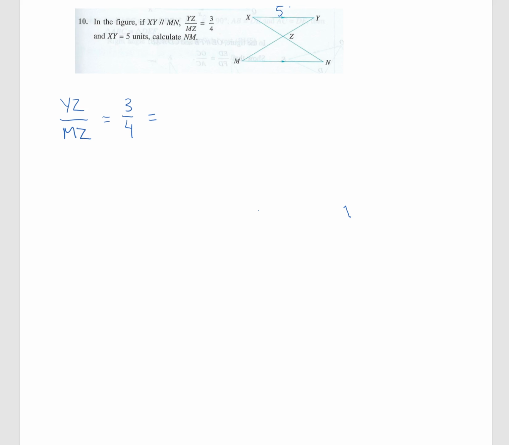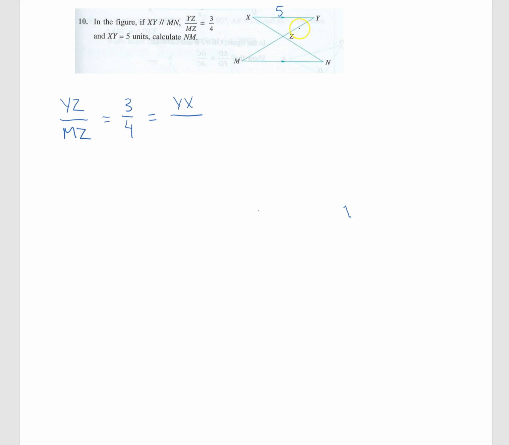So we can set up a ratio with those two sides that'll match up with these two. So we want, since YZ corresponds to the smaller triangle, we want this side of the smaller triangle on top as well. So that's going to be YX on the top.